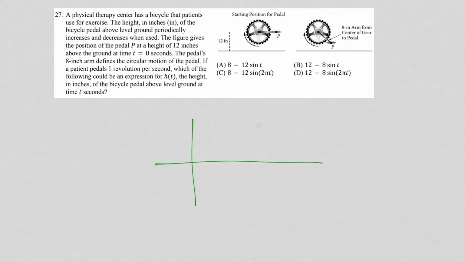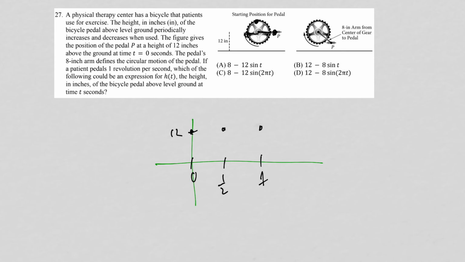So the way I see this question is that it starts off at 12. That's how high this thing is. And then 1 second later, it's back at 12. But in between, it goes up. And halfway between, it's also at 12 because it kind of ends up here.